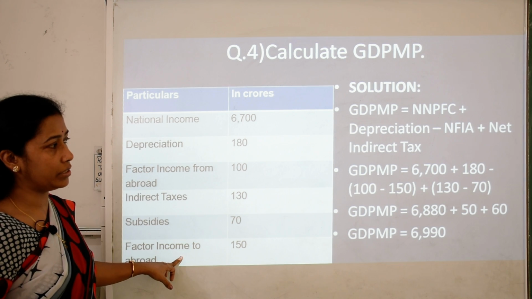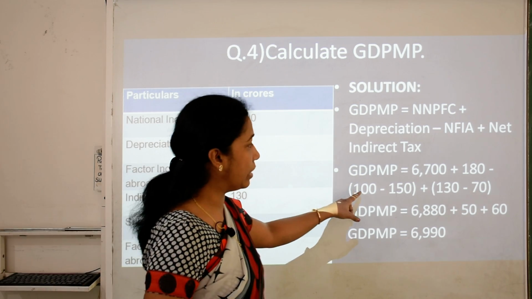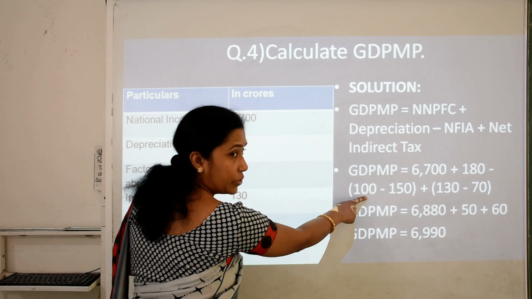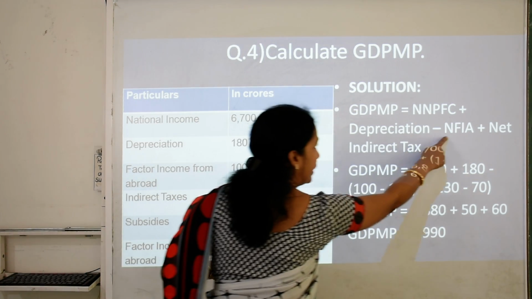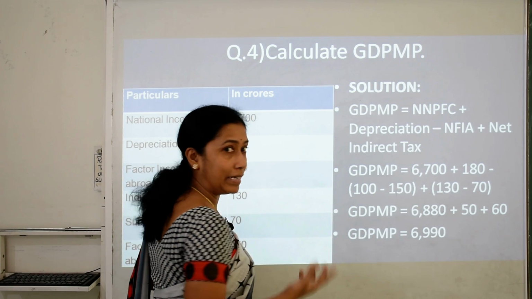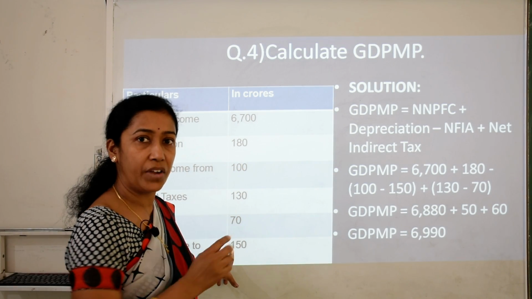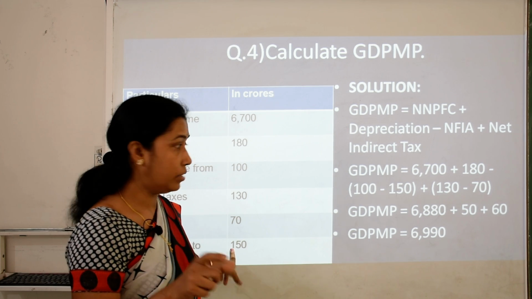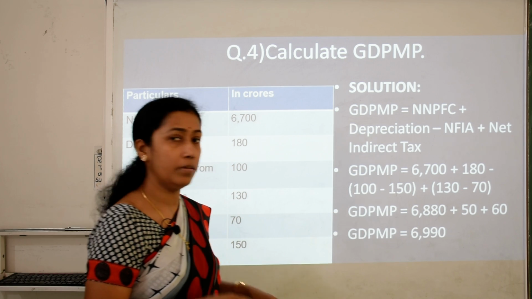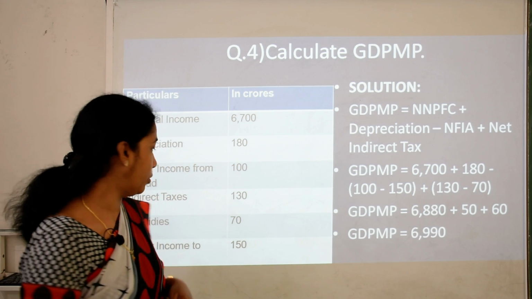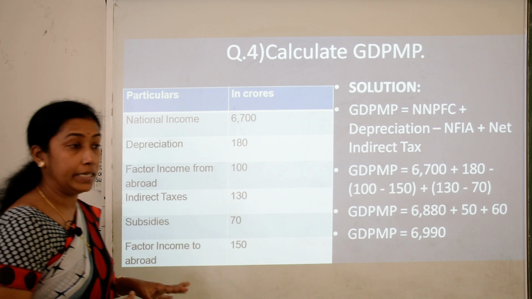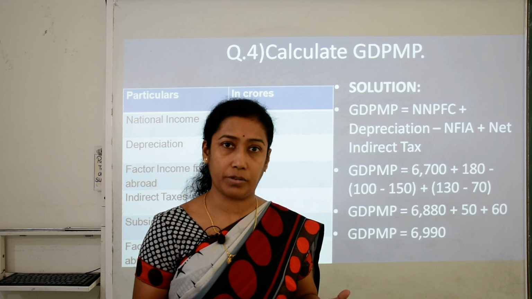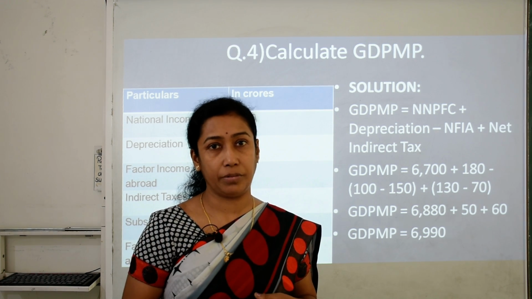Now what you can do is deduct factor income to abroad from factor income from abroad, that is 100 minus 150, and you will get the net factor income from abroad. So this could also be done. Consumption of fixed capital is also another name for depreciation.